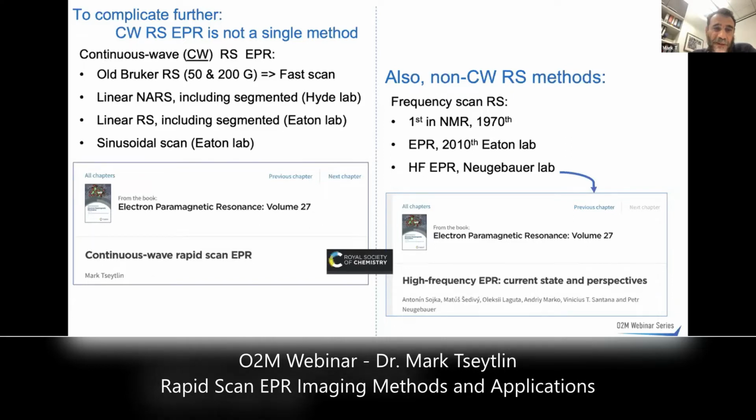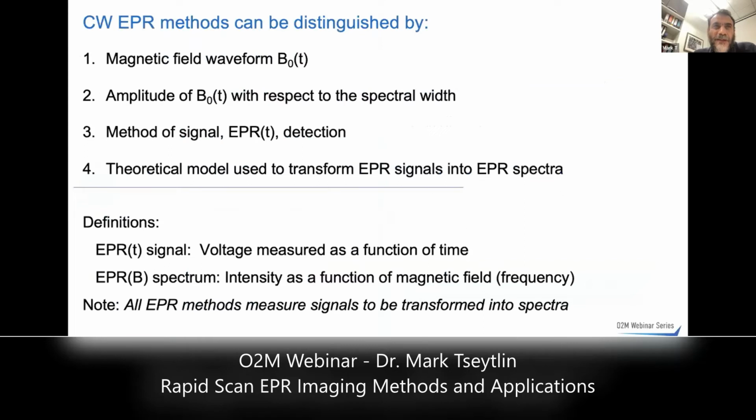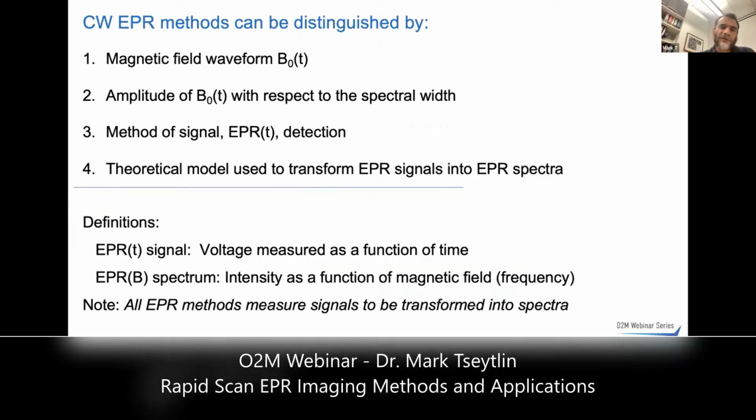So there is a lot of progress, and EPR spectroscopy becomes complicated. So let me try to explain it better and distinguish between the different methods and approaches.